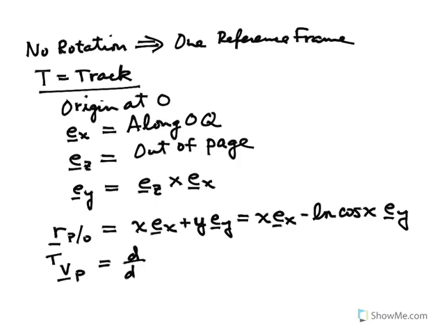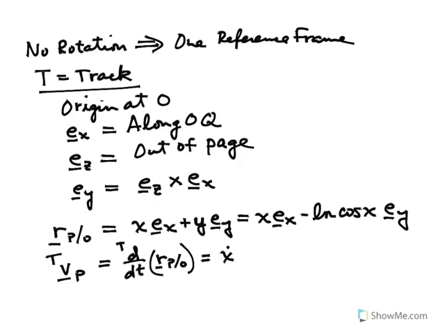That is equal to the rate of change in the track of the position of P relative to O. Now, the position of P relative to O is already expressed in coordinates that are fixed in the track, so there's no transport required, so we don't have to apply the transport theorem. And we get the following result by just differentiating the components.